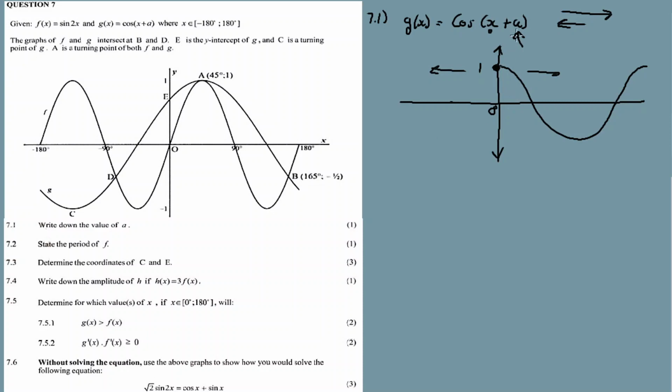Now look, let's go back to this function again. You see this one passes through 0, it's f. So f passes through 0, so it's the sine function. This is our sine function, so it means g is our cosine function.